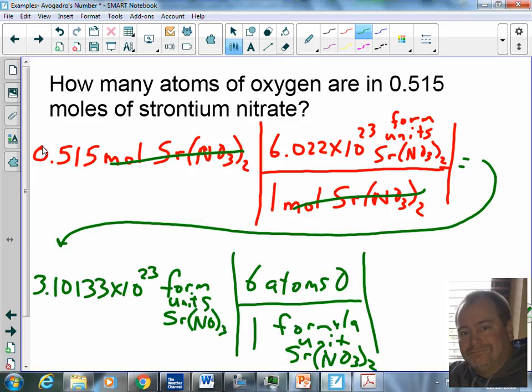So I take my value. Do I get a cancellation? I should get a unit to cancel. So I get formula units of strontium nitrate to cancel. What is my label going to be? Atoms of oxygen. So I take my value that I just got for strontium nitrate in formula units, and I multiply it by 6.